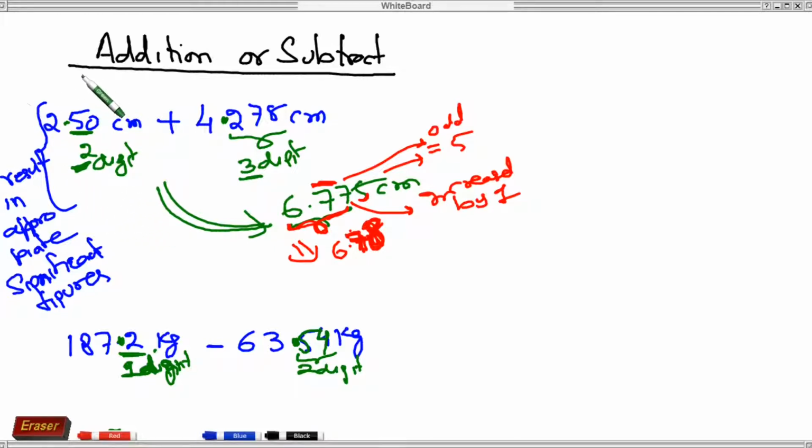Like in addition or subtraction, we will consider the least number of digits after decimal.